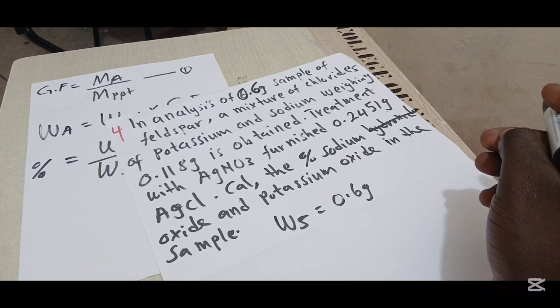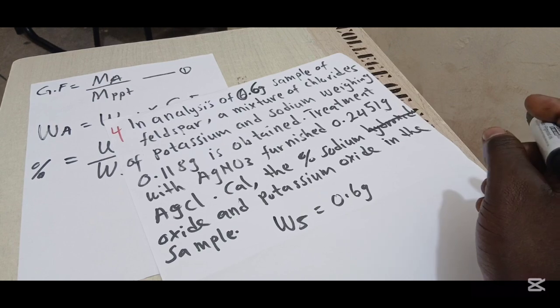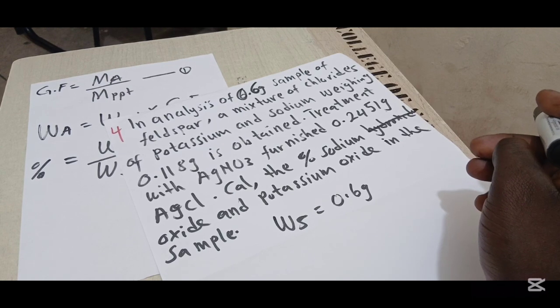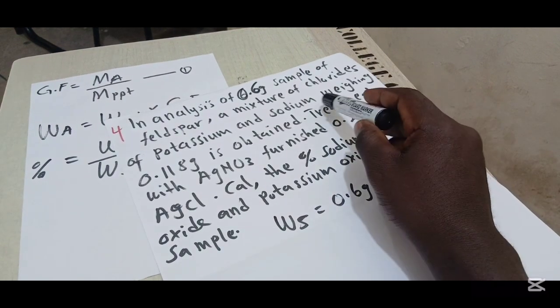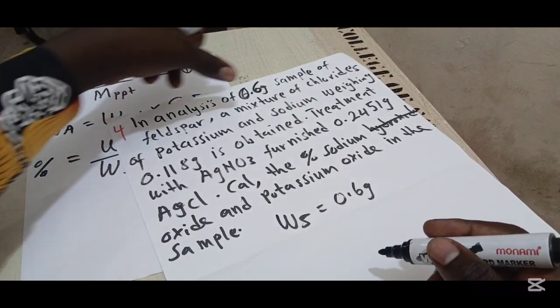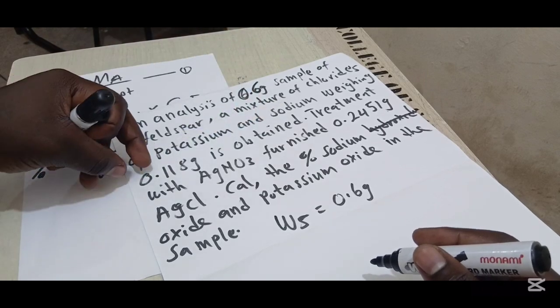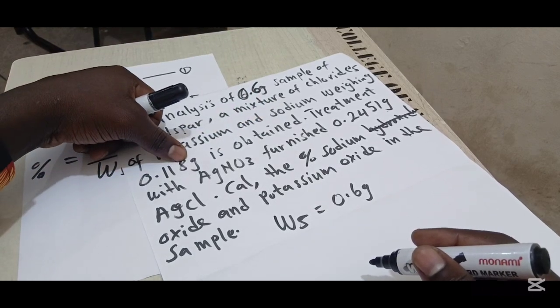So we can form two equations and then solve for the various masses of sodium chloride and potassium chloride. Firstly, we have our sodium chloride and potassium chloride giving us 0.118 grams.